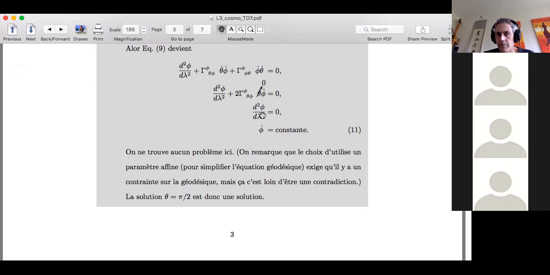That means phi dot is a constant, right? And so there's no problem there. It just means that phi is moving, and the derivative with respect to our affine parameter is constant.